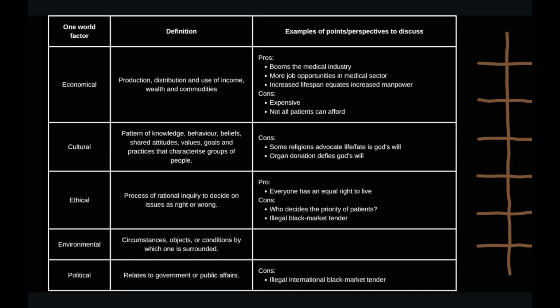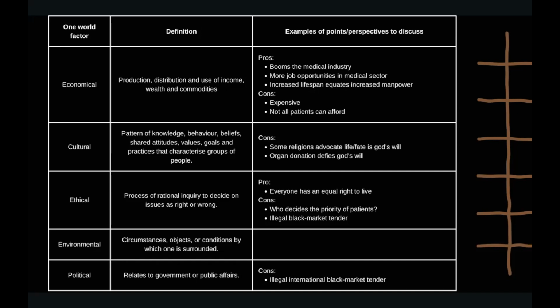And then for the ethical aspects, there's the pro that everyone has a right to live, but there's also a con, as mentioned earlier: who decides the priority of patients, who gets to decide who's more important to receive the organ first, because there will always be a limited supply.